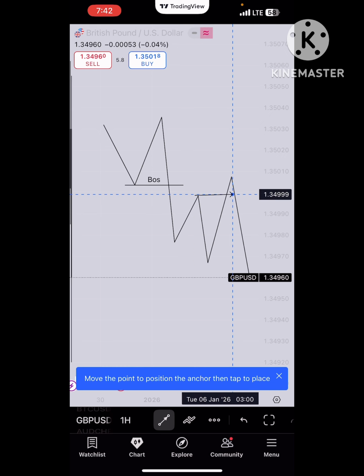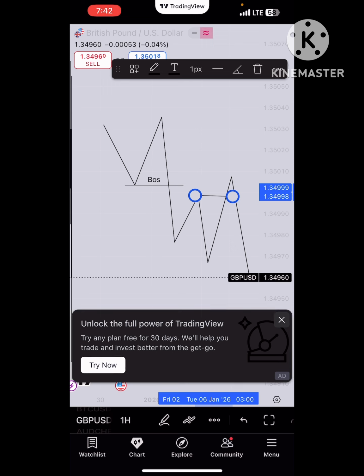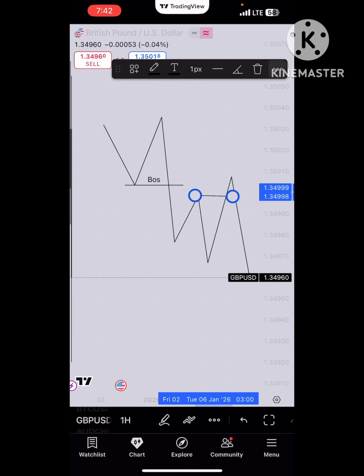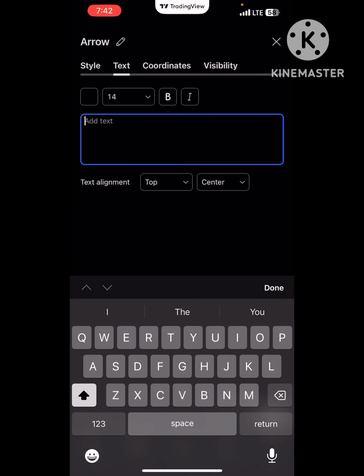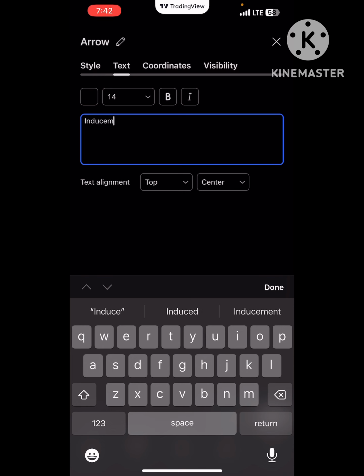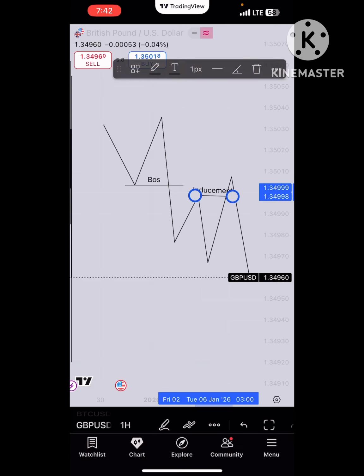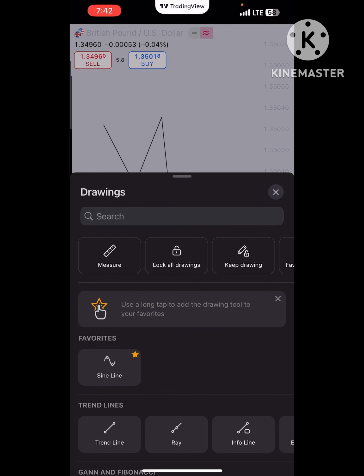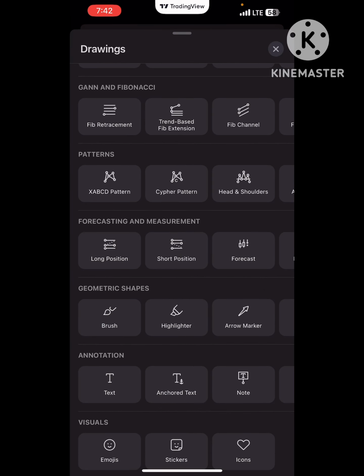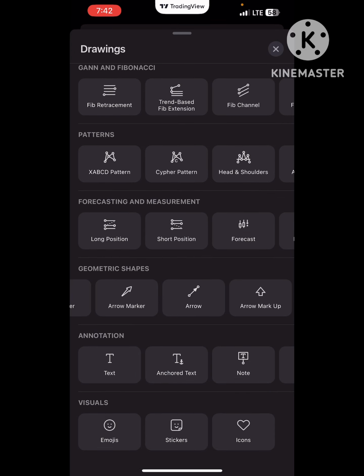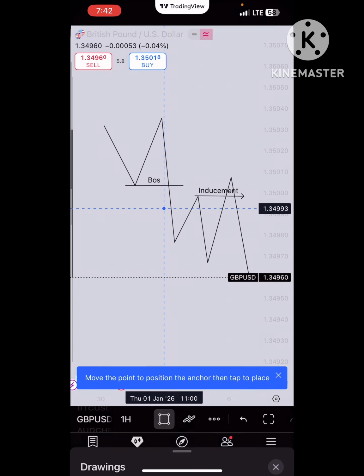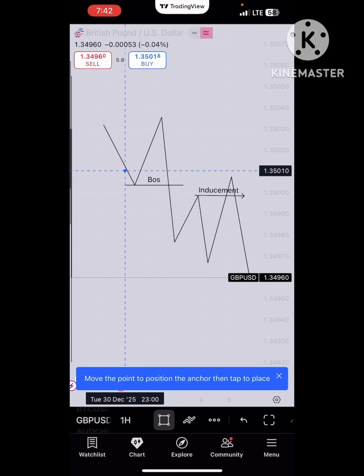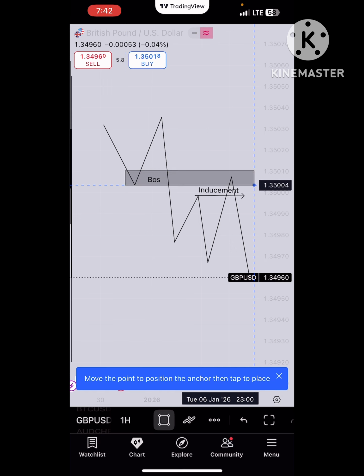So one major rule about this strategy is this: you must have an inducement before your trade is valid. So no inducement, no entry. You understand? Because it's the inducement that validates that in this case it's a demand zone. This is the demand zone. So this is it.